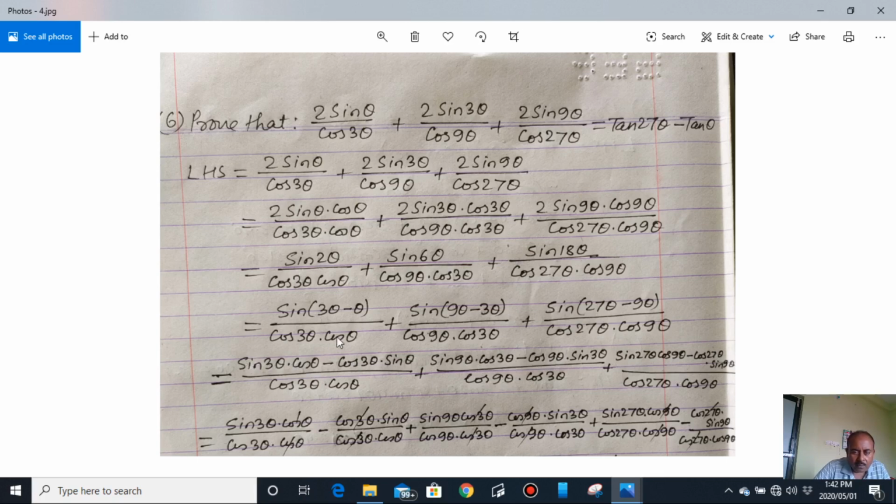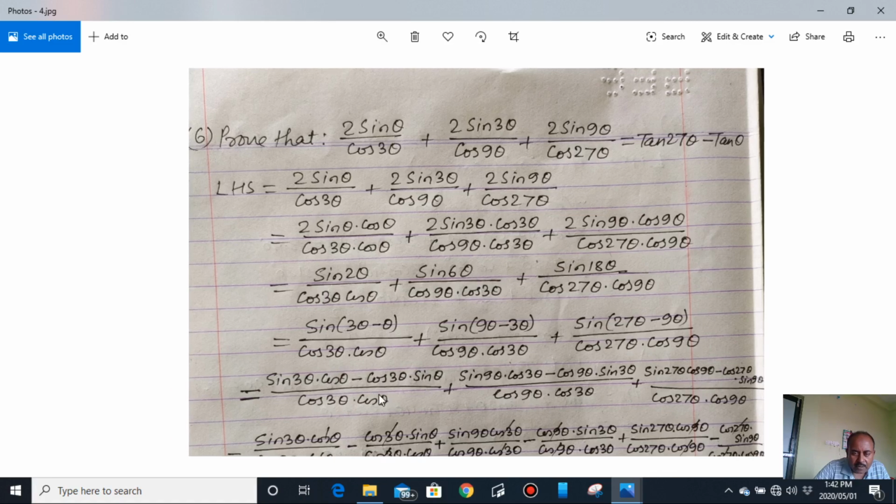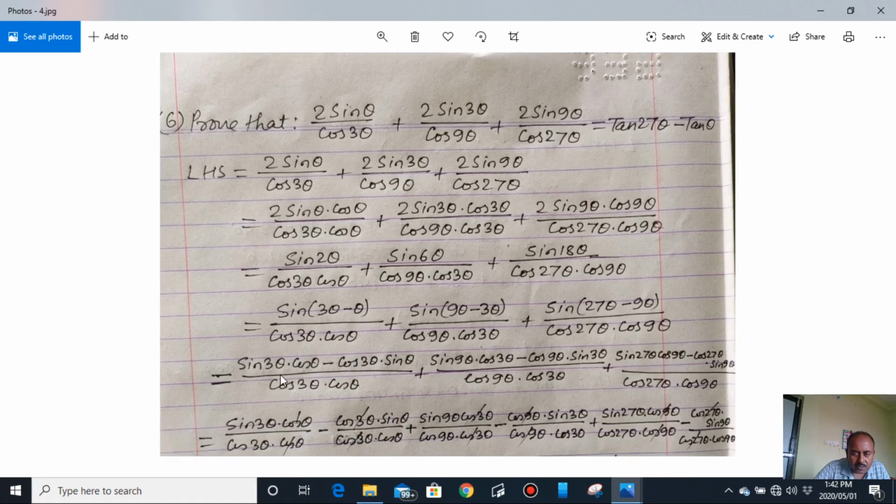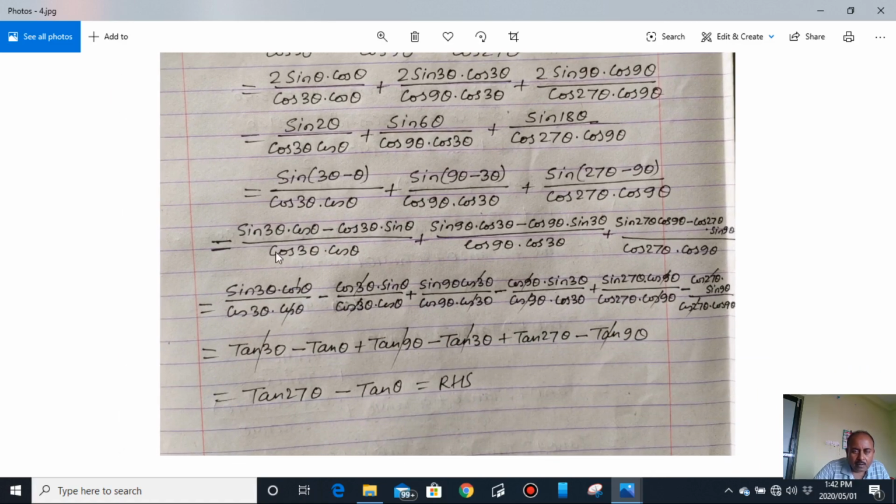Now every fraction you break into two parts from this minus sign. So see here, sin 3 theta cos theta by cos 3 theta cos theta. This part with minus sign, cos 3 theta sin theta divided by cos 3 theta cos theta. Here also accordingly you break down. Here also you break down.